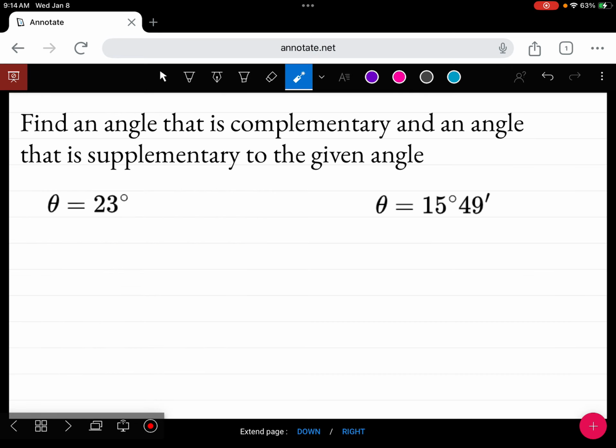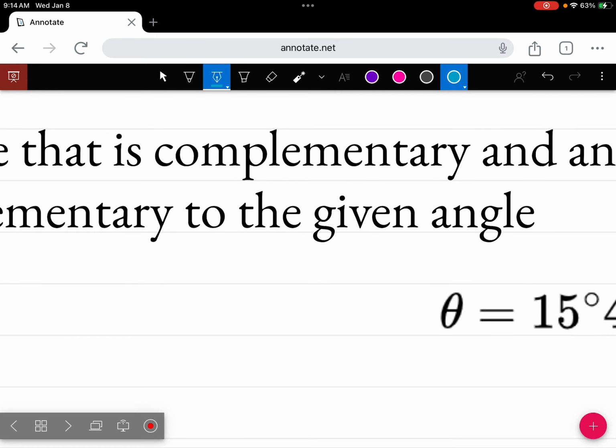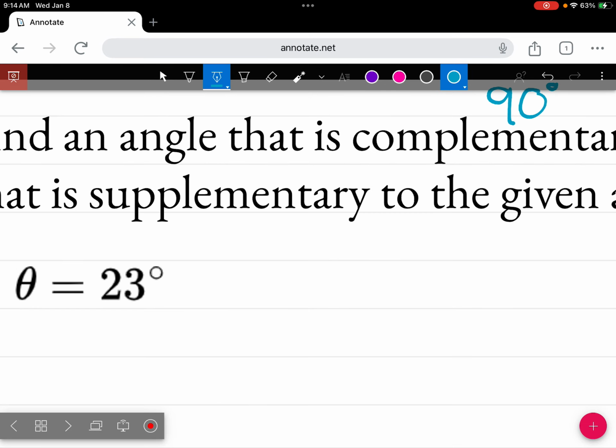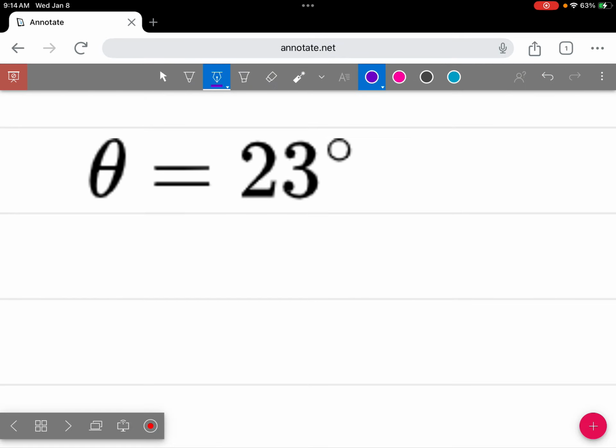All right, so what we're going to do is find our supplementary and complementary angles here. We talked about this yesterday a little bit. Complementary is when they add up to be what? 90. And supplementary is when they add up to be what? 180. So for this theta of 23 degrees, what is going to be our complementary?